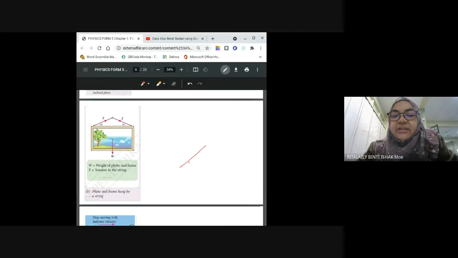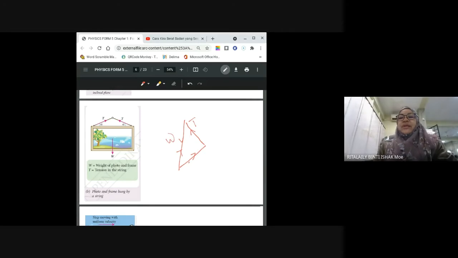Okay, force parallel to T, and then the other T is this way kan? Okay, so this is the weight W. Okay, nampak tak? How we draw triangle force untuk force in equilibrium.